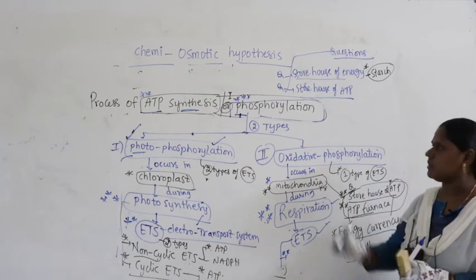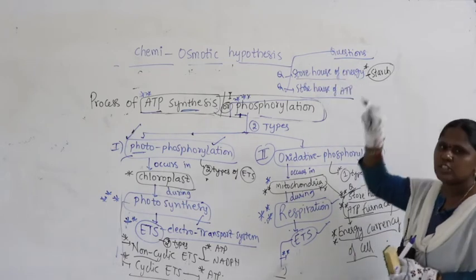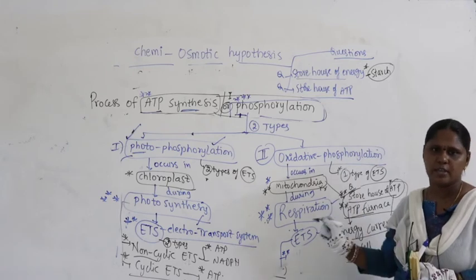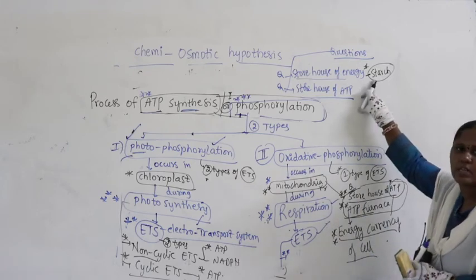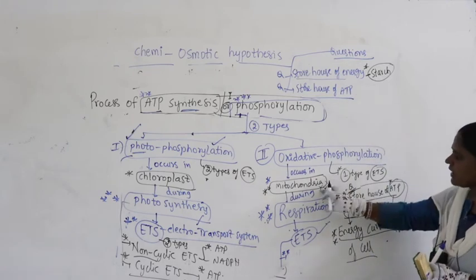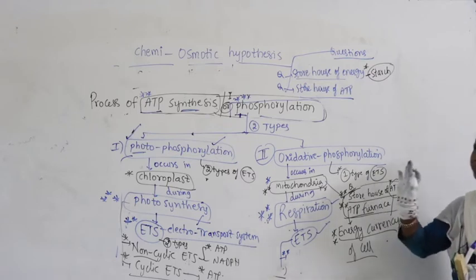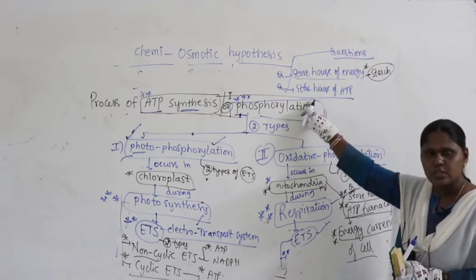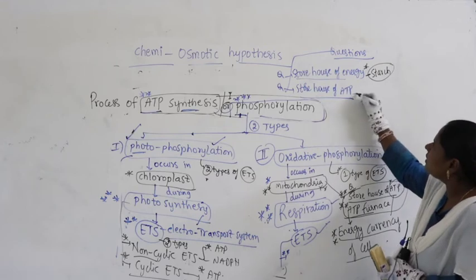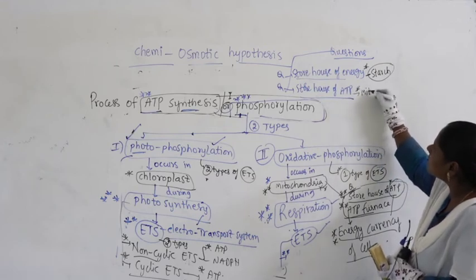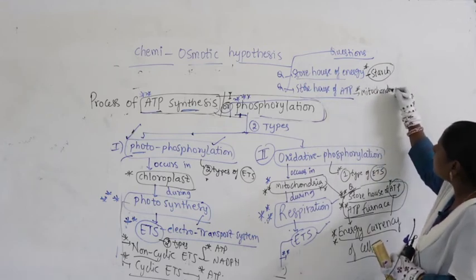Which acts as the storehouse of energy? At that time you have to choose starch as the answer, not mitochondria. If the question is storehouse of ATP, then only you have to choose the option mitochondria.